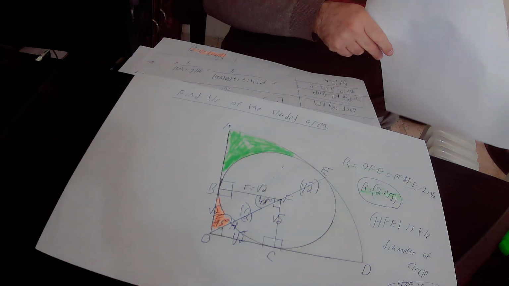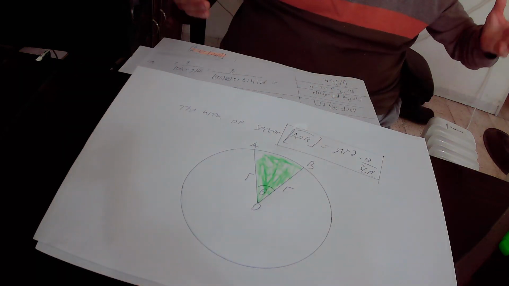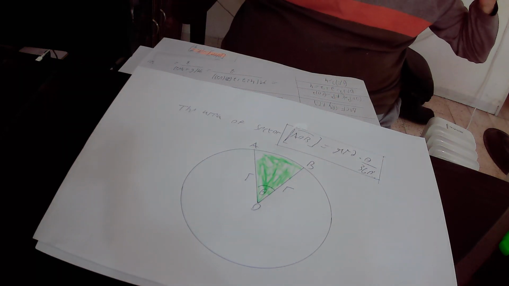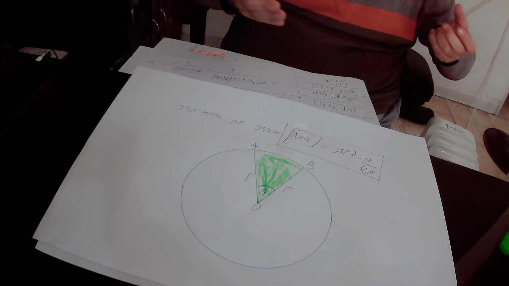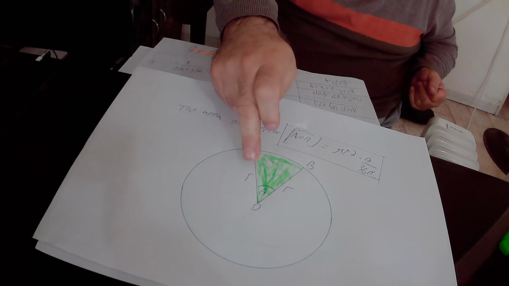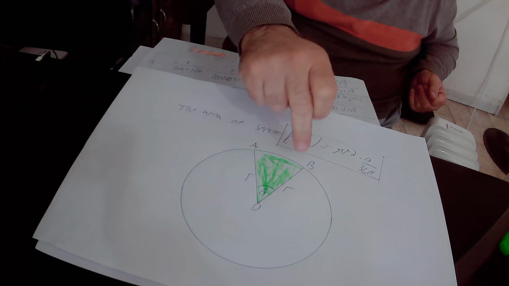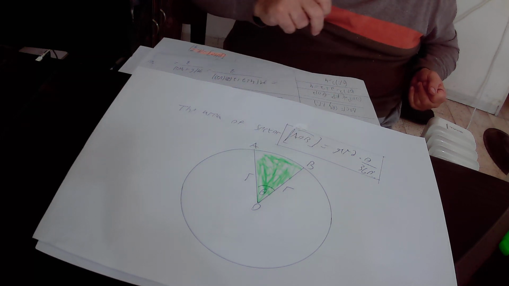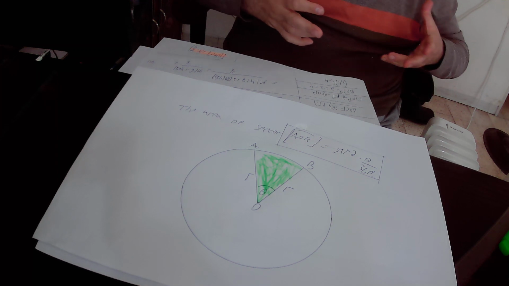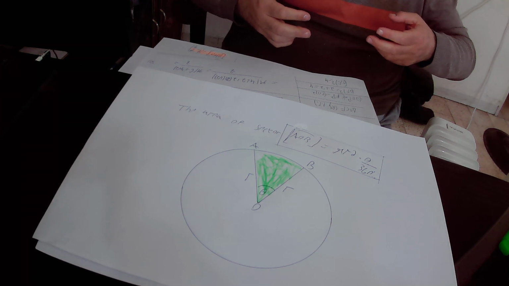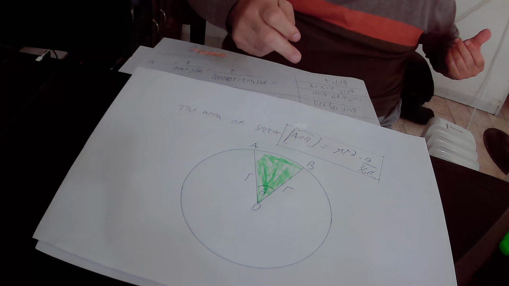And a sector is a part of a circle. Here you can see the green shape, AOB, is sector AOB. A sector is like a slice of a cake.